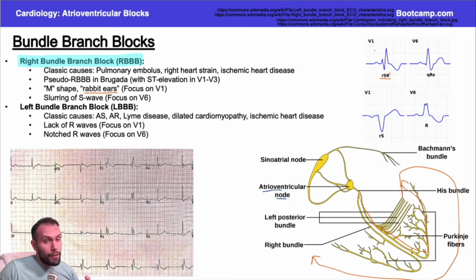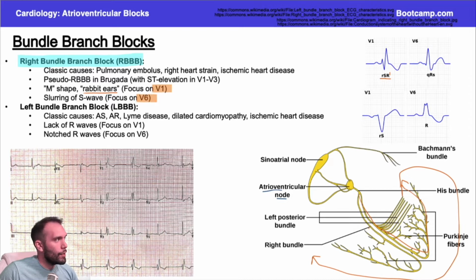Now, there's a lot of rules and criteria that you can memorize when you're talking about bundle branch blocks, but in general, if you just want to simplify things, just focus on two spots: lead V1 and lead V6.